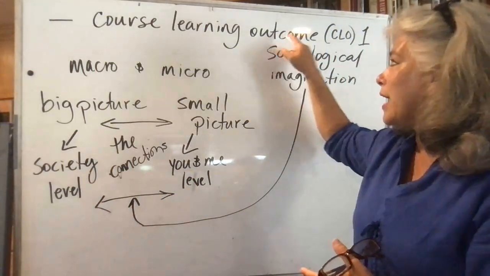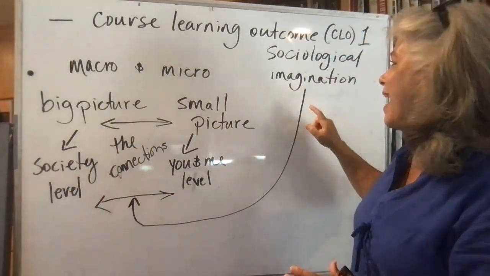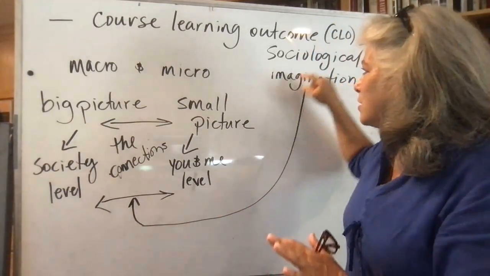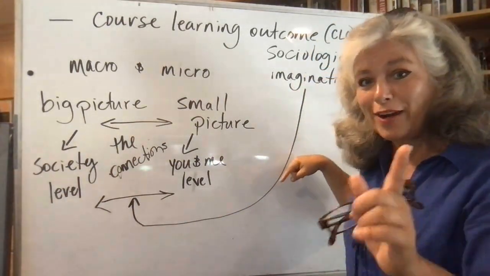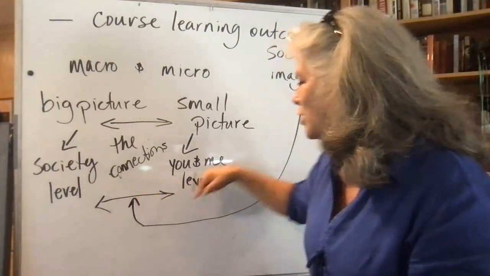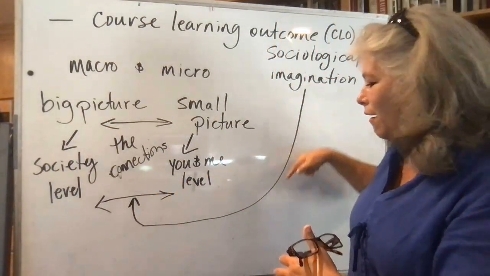And learning outcome number one, which refers to the sociological imagination, which we'll cover in another video, is about the connections.